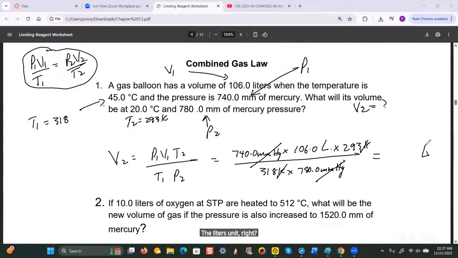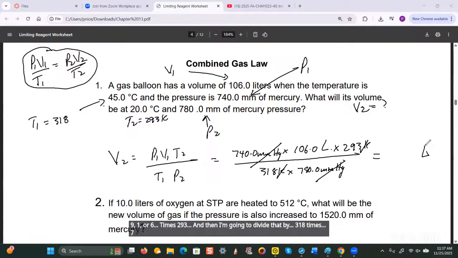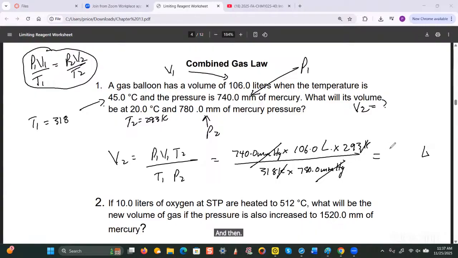So let's see what the result would be. That's 740 times 106 times 293, and then I'm going to divide that by 318 times 780. According to my calculations, how many sig figs? 3 sig figs.